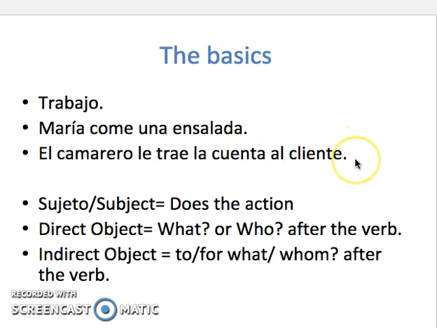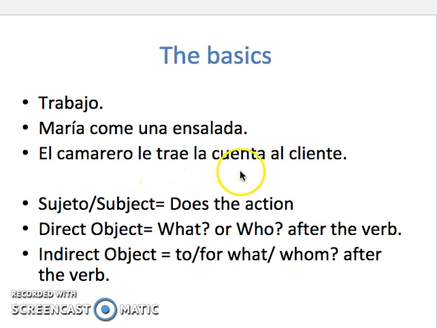Ok, aquí tenemos otra oración. El camarero le trae la cuenta al cliente. Okay, ¿cuál es el sujeto en esta oración? El camarero, ¿verdad? Muy bien. ¿Cuál es el verbo? El verbo es trae, he brings. Muy bien. Now, he brings what? La cuenta, ¿verdad? So, la cuenta es el complemento directo, direct object, okay?